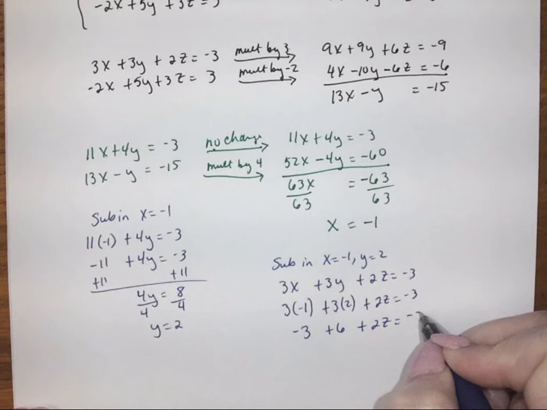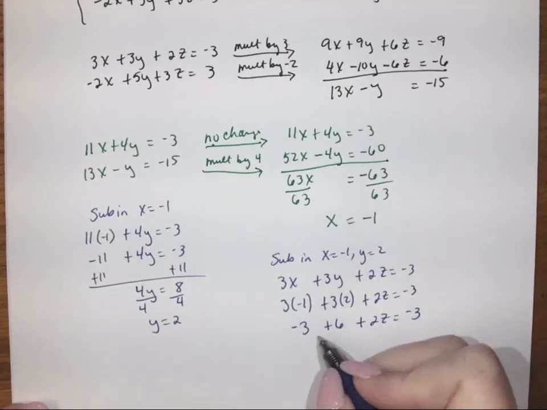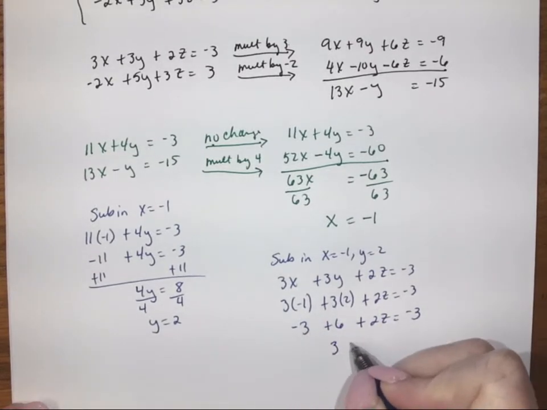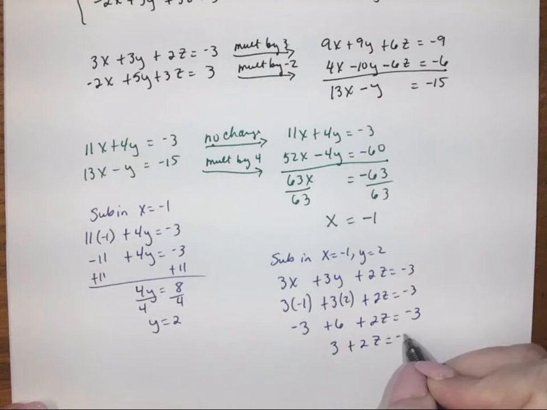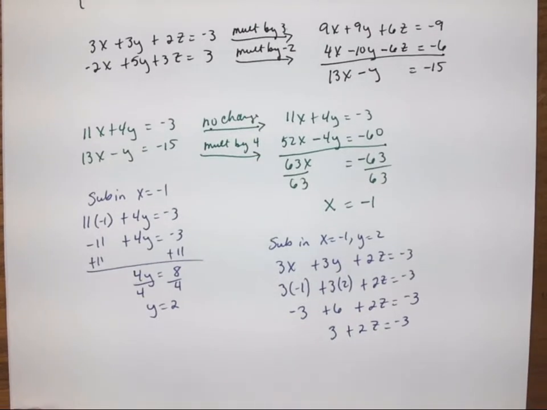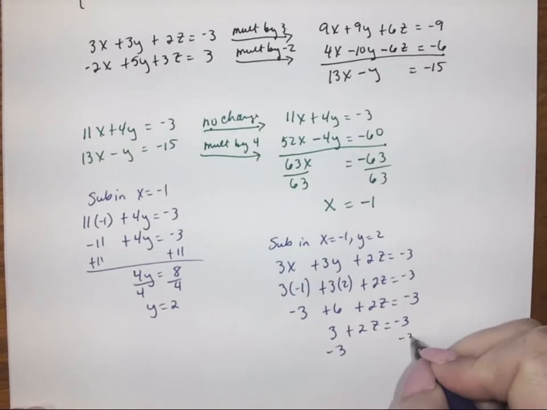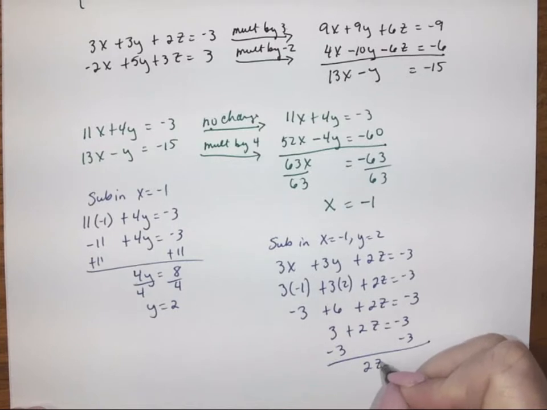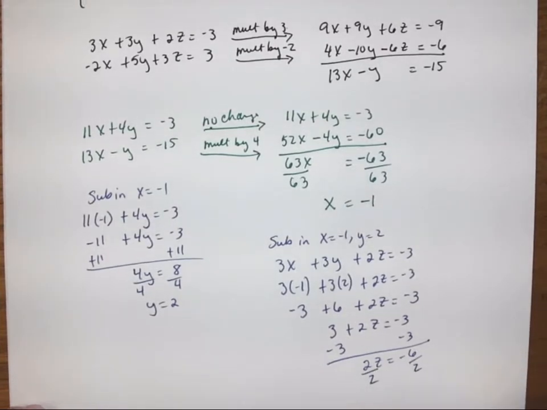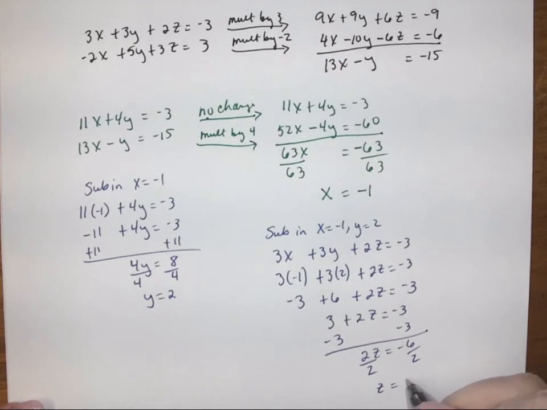Plus 2z equals negative 3. 6 minus 3 will get us 3 plus 2z equals negative 3. So now I just need to subtract the 3 from both sides, and I get 2z is equal to negative 6. Divide by 2, and z will be equal to negative 3.